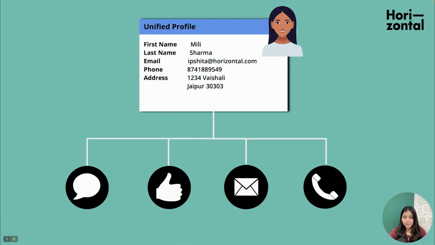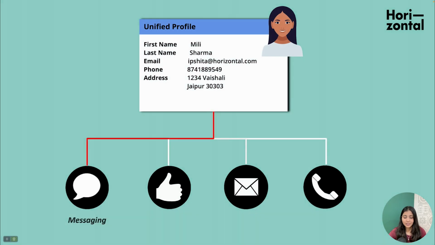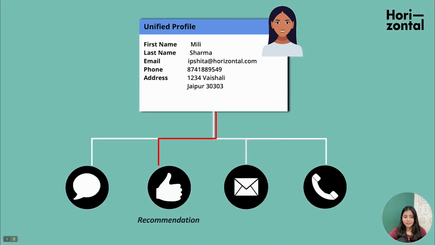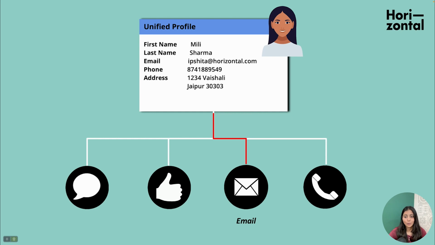On the same unified data, Great Lakes can trigger messaging, provide recommendations, trigger email, and also make a phone call. Isn't it easy? With one unified profile, how many things can be easily handled?